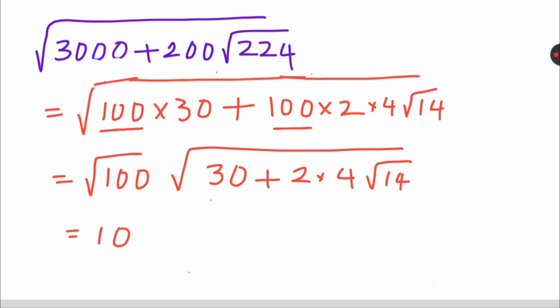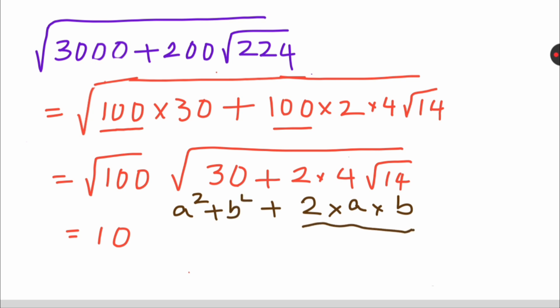Here, if we convert this expression under the root into (a plus b) whole square, then square and square root get cancelled, so we are left with only a plus b. So let's try to write this expression as (a plus b) whole square. Already we have the second term in the form 2 times a times b. We still need the a power 2 plus b power 2 form. According to 2ab, here a is 4 and b is root 14.